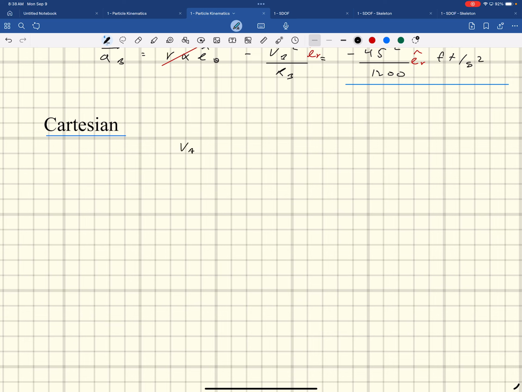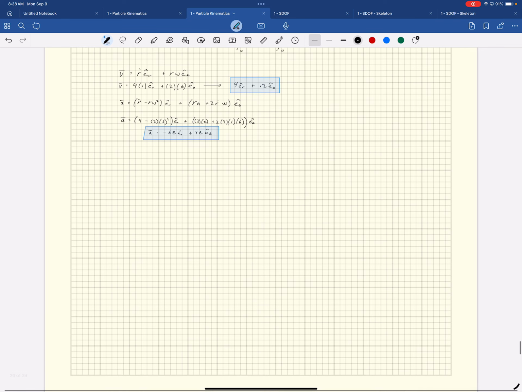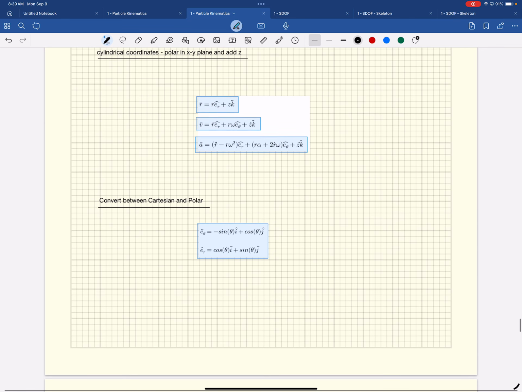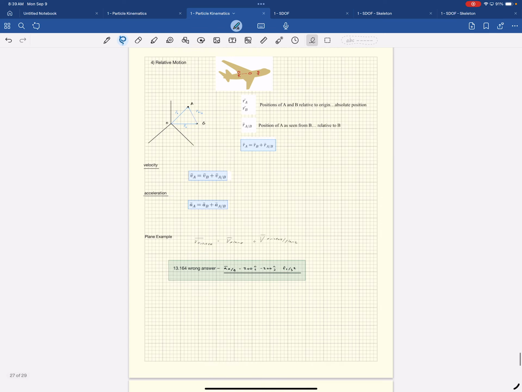So VA was equal to 36 in the e theta direction. And I'm going to cheat here. I'm going to go up here and grab this. If you want to convert between the two, we had this.